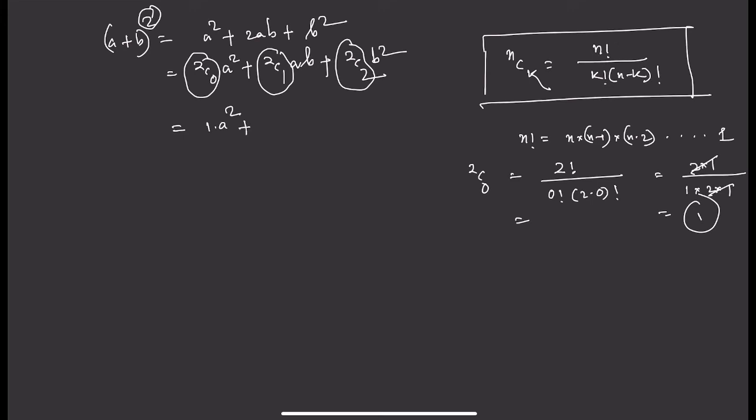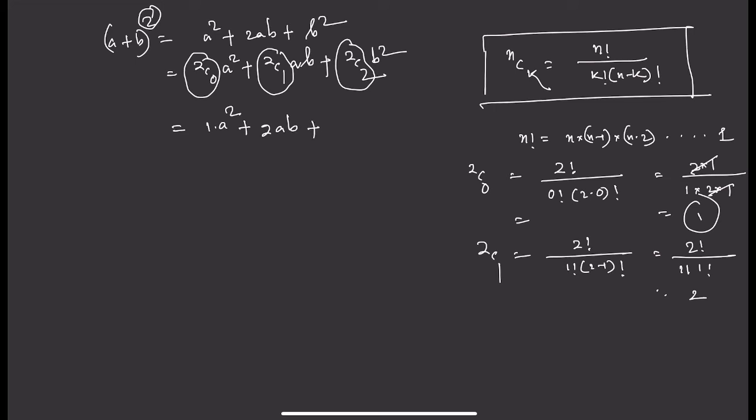Okay. Now you go for 2C1. 2C1 is nothing but 2 factorial divided by 1 factorial into 2 minus 1 factorial. This is nothing but 2 factorial by 1 factorial into 1 factorial. So 2 factorial means 2. That's why 2 into ab.